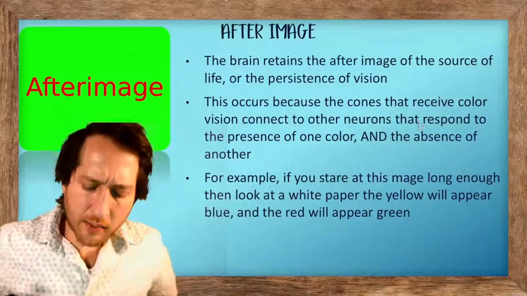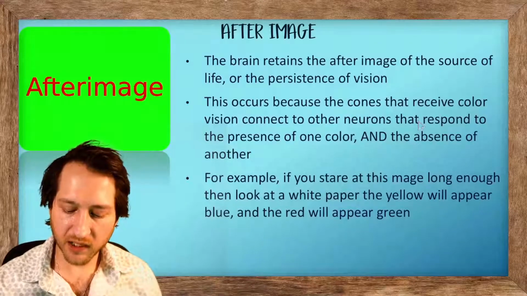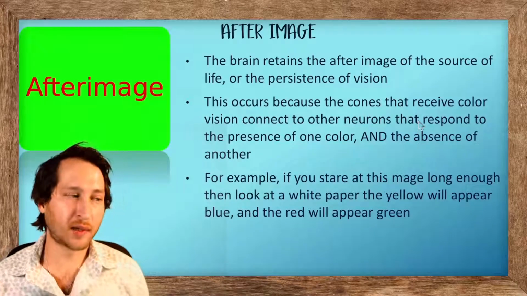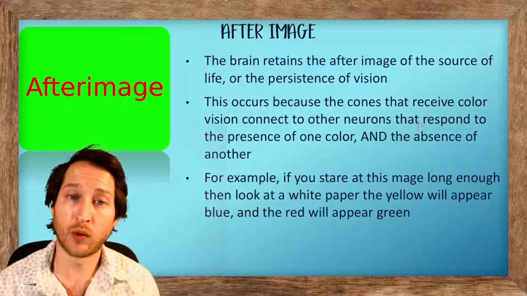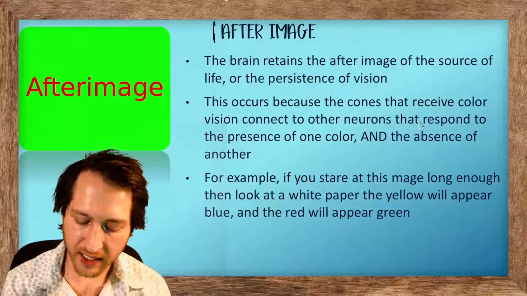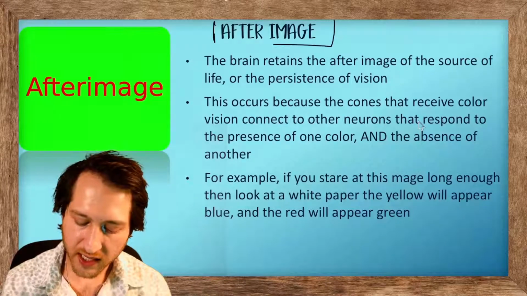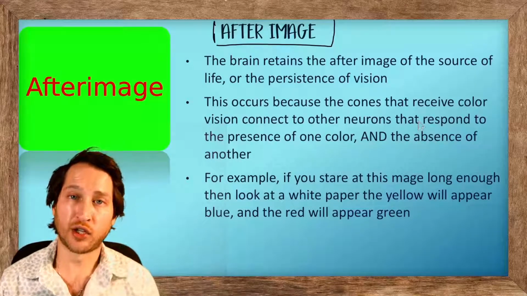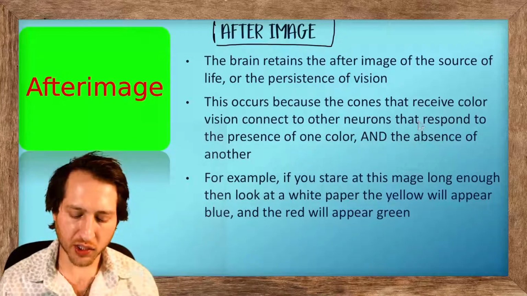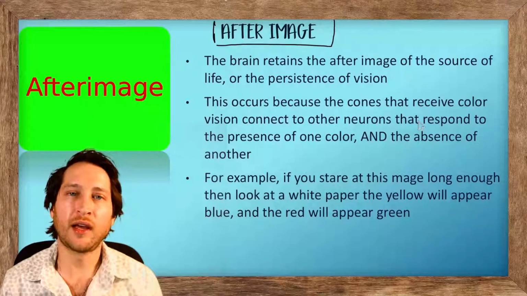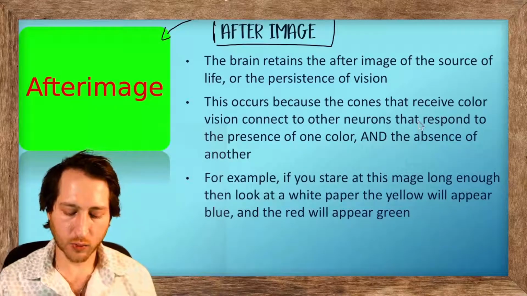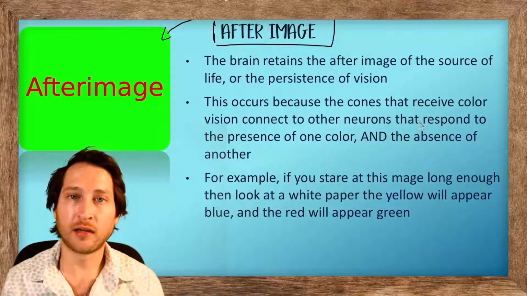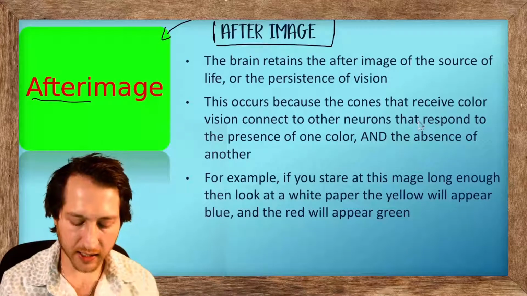Now, the last one I'm going to talk about, I'm just going to give you a brief explanation because this is without a doubt the most complicated one to really understand. This is the after image. So essentially what you'll be doing in this lab is staring at colored papers, or you could stare at this thing, which has a bright green background with red text.